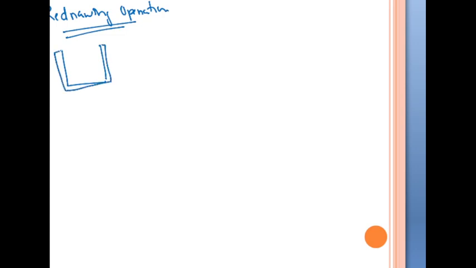Now what is a redrawing operation? In redrawing operation, we'll be having a shell or an article which is already produced by deep drawing operation or some other operation.